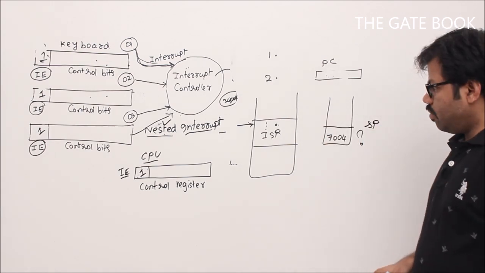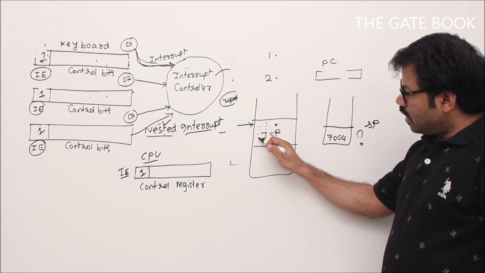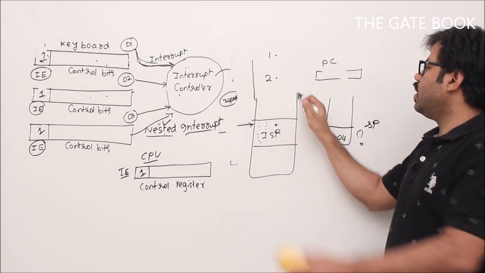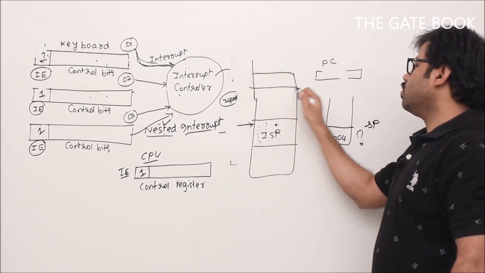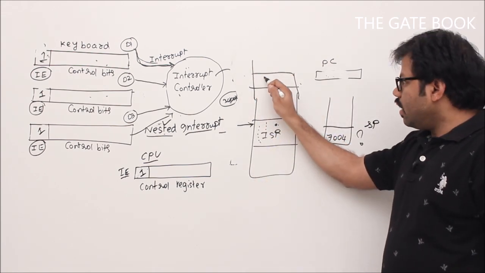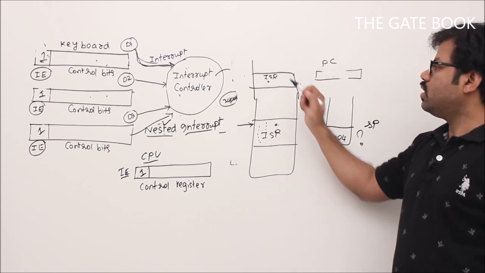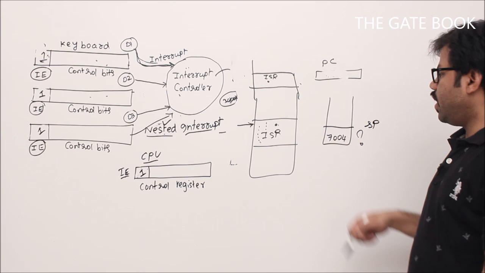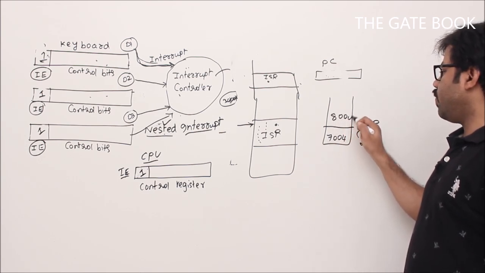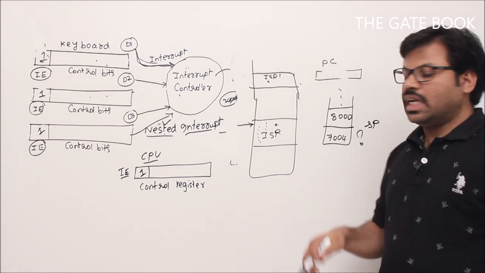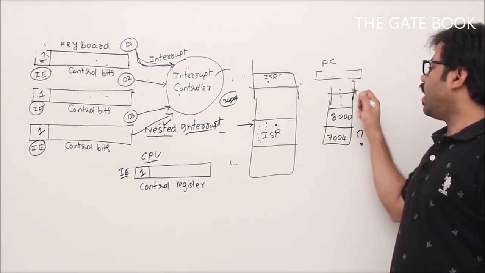Now while executing this interrupt service routine, another interrupt comes. Let's say that interrupt is here. In that interrupt service routine, the very first instruction should be to push the current program counter. For example, let's say the next program counter may be 8000. So all the interrupt service routines should push the next program counter address onto the stack, like function calls.